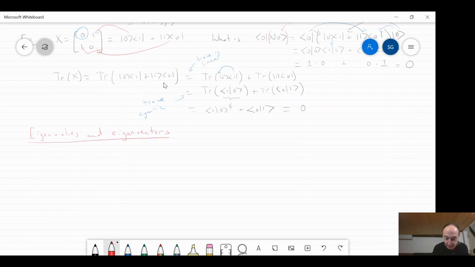Roughly speaking in German, eigen means own. It's going to be the matrix's own vectors and its own values, if you were to say it literally. Eigenvalues and eigenvectors are going to be absolutely fundamental to the study of quantum information, so let's just review them. This is probably something you studied in Intro to Linear Algebra and hated. Too bad. It's come back.